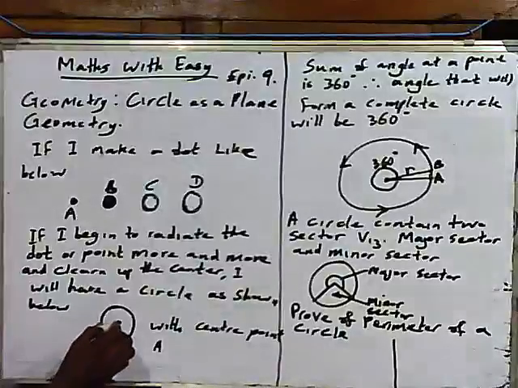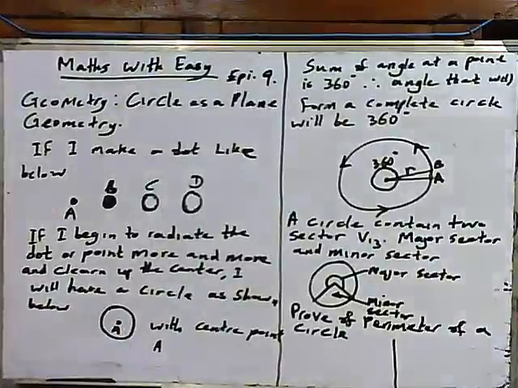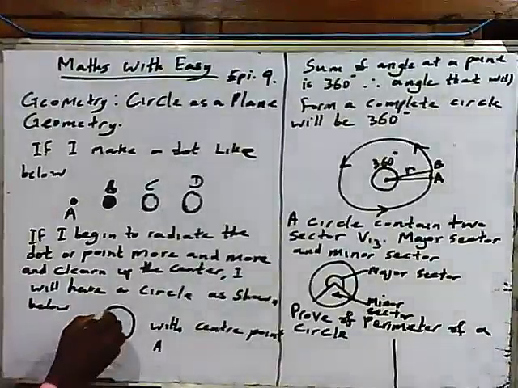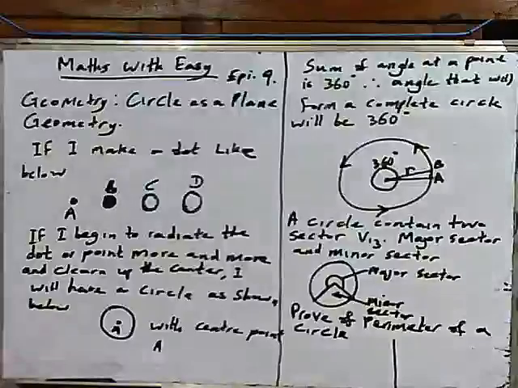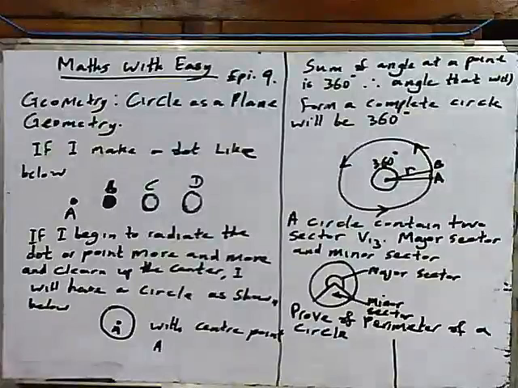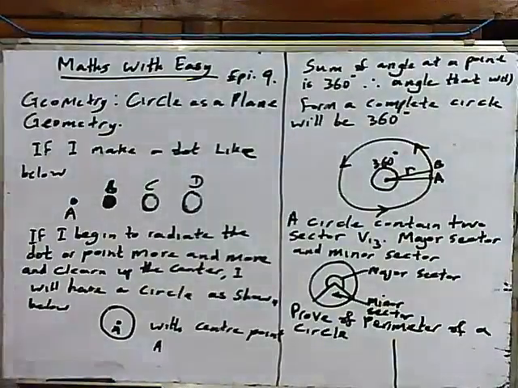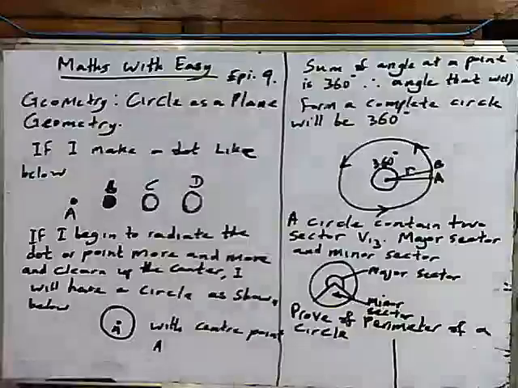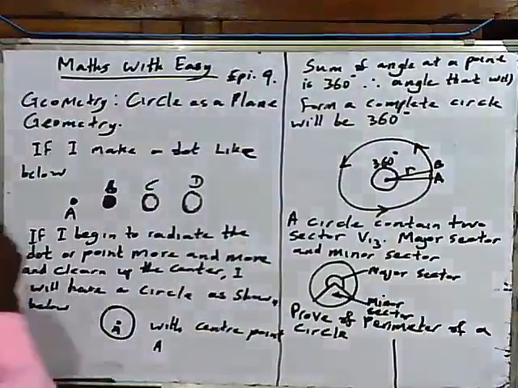That means the dot that begins here, I can tag it as a point. And if I begin to radiate, it forms a circular plane. So on this circular plane, as shown below, we can get many theories from this circle.